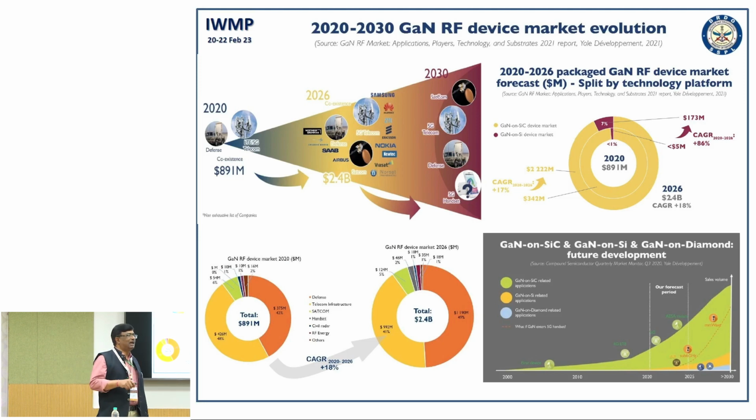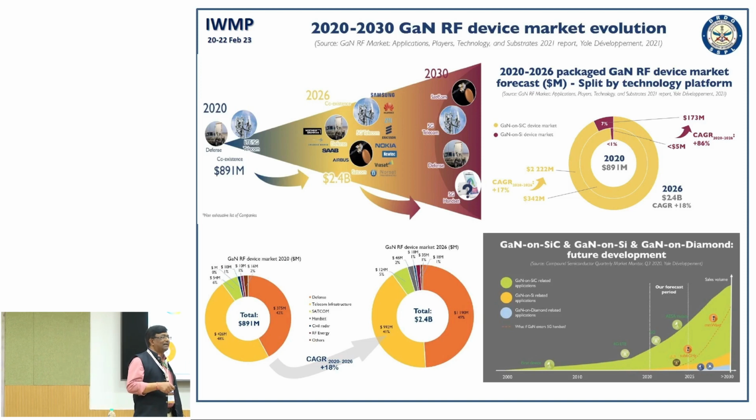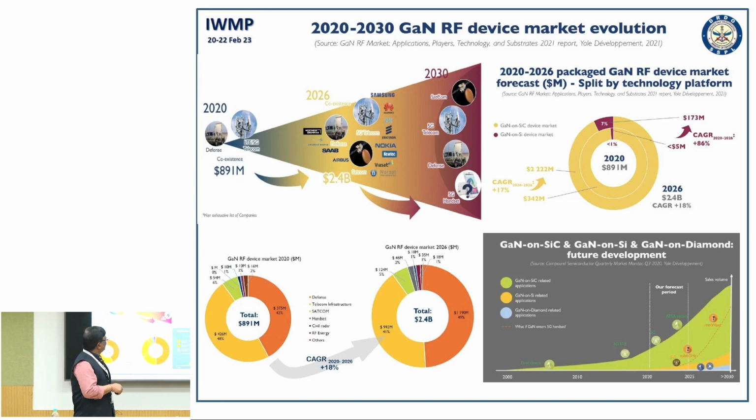This I am talking about in terms of only RF applications, and by 2030 it is completely dominated by gallium nitride on silicon and gallium nitride on silicon carbide, whereas silicon, because of its inferior properties compared to gallium nitride on silicon carbide, is only taking around 1% of the market presently, and is projected to reach only 7% by 2026.